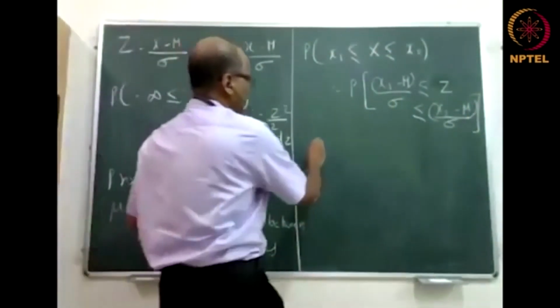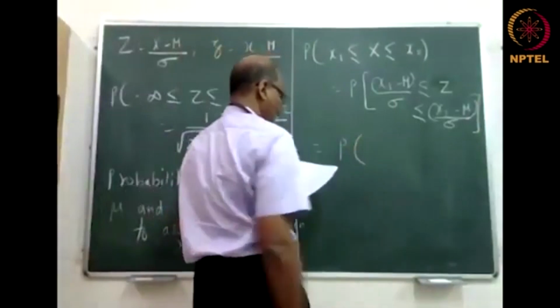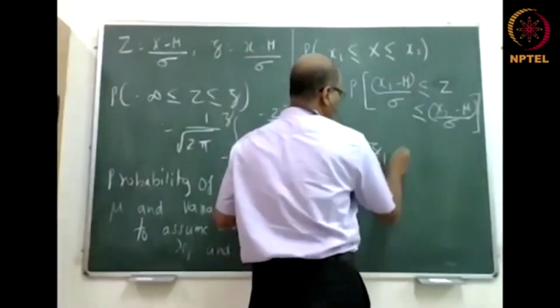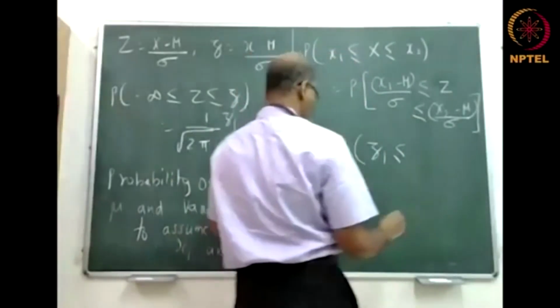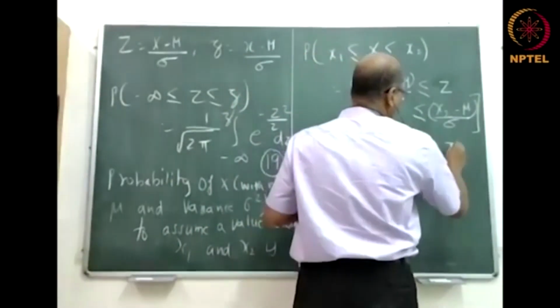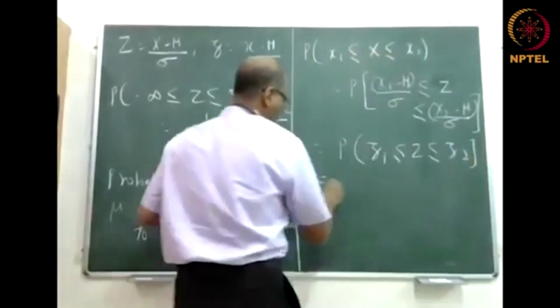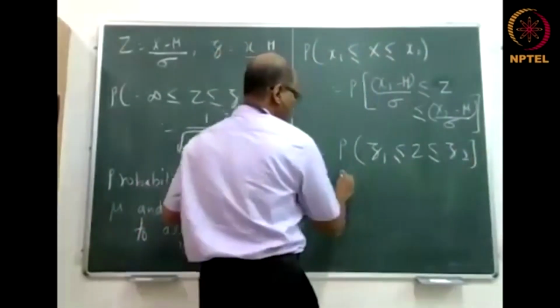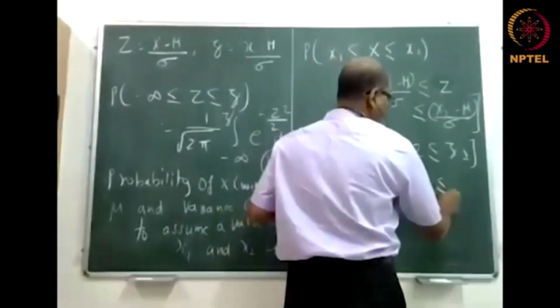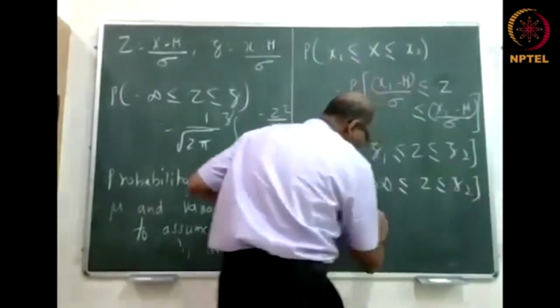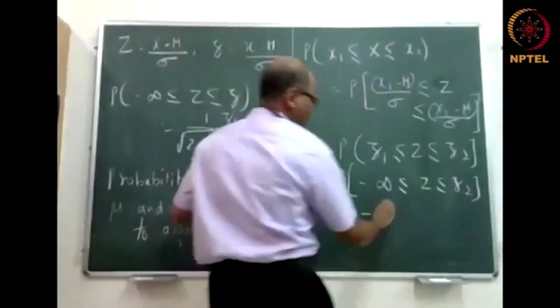So please note, this is the critical formula. This is the killer formula. Minus infinity less than or equal to Z less than or equal to Z2 minus P of minus infinity less than or equal to Z less than or equal to Z1.